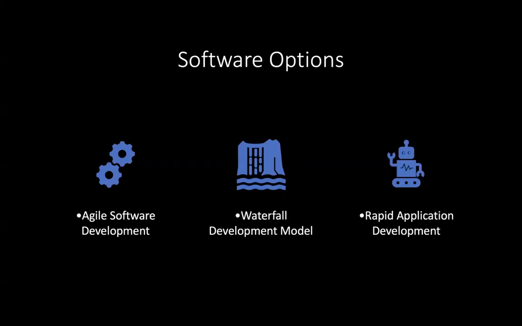Next, let's talk about software options. Here on the screen are 3 software development methodologies that will work for us. The Agile software development methodology anticipates the need for flexibility in our organization. Agile software development will help the United Kingdom cyber team improve efficiency throughout the organization as members of our team understand their roles in the process.